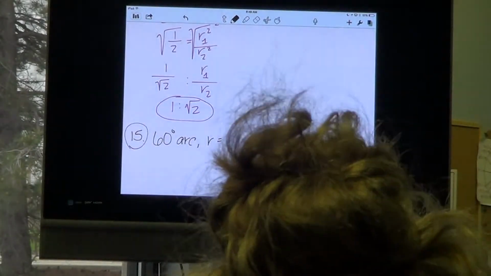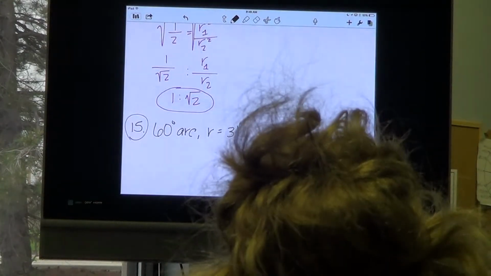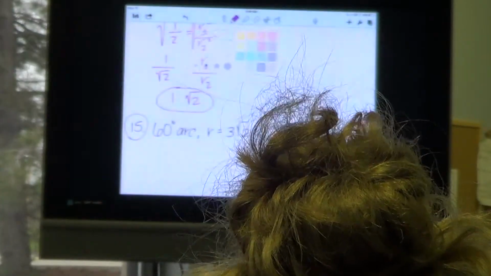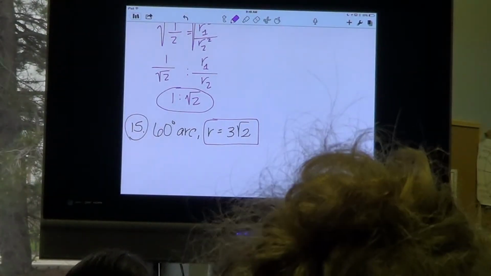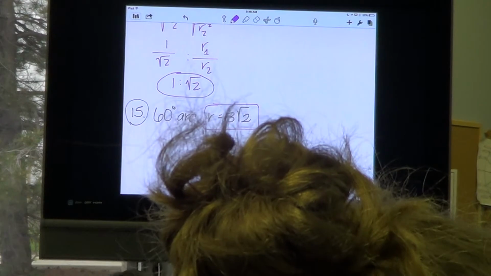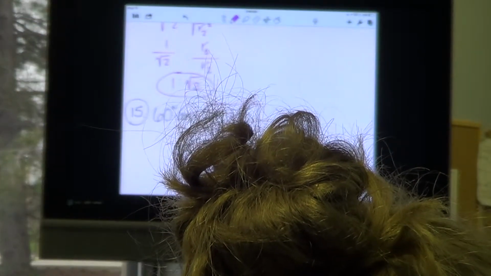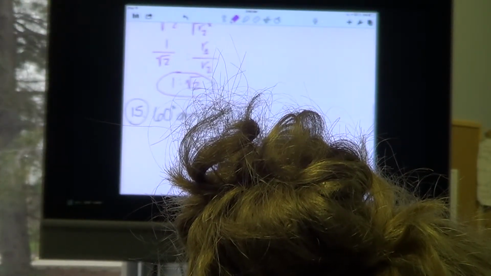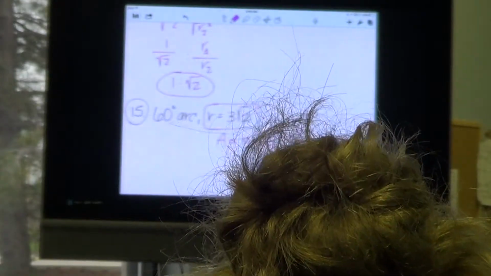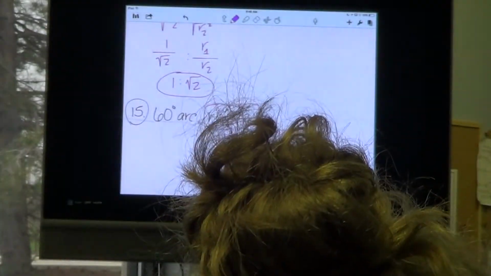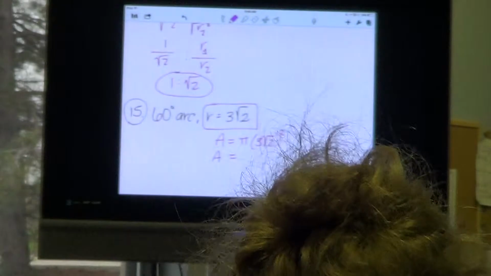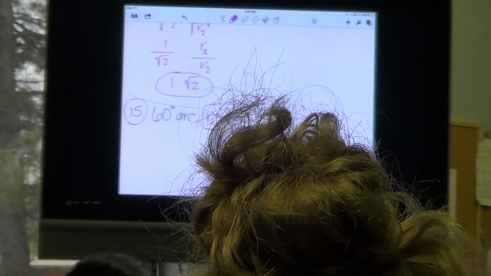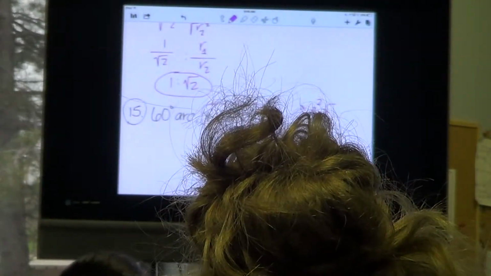Okay, so basically we find the area of a circle that would have this radius, or you can use the formula that's above. But, so that would be pi times 3 root 2 squared. 3 root 2 squared, that means 3 squared and root 2 squared.